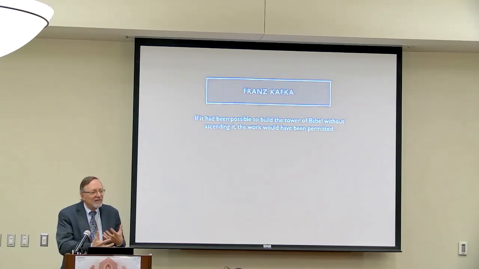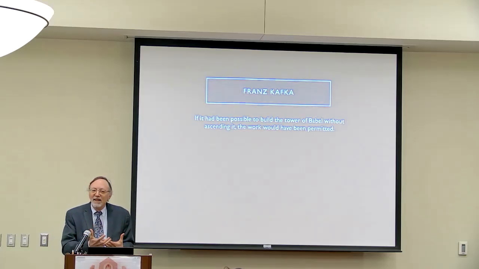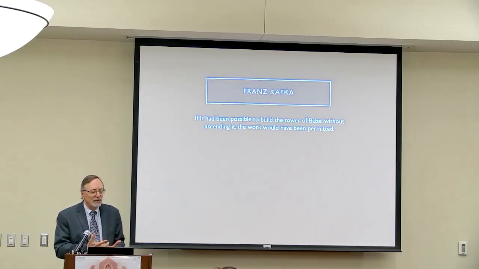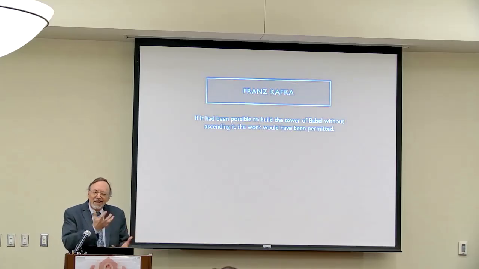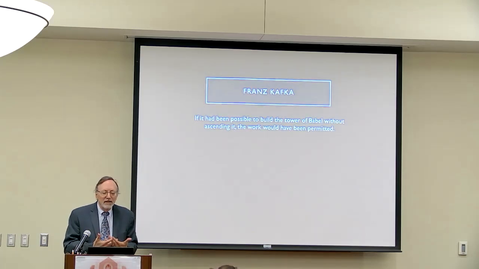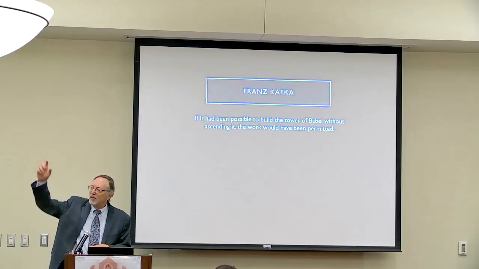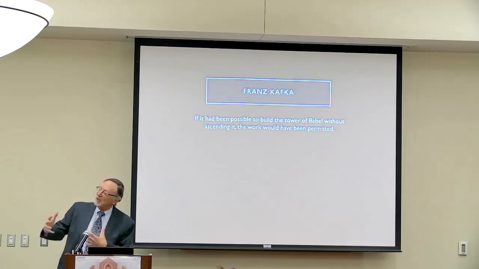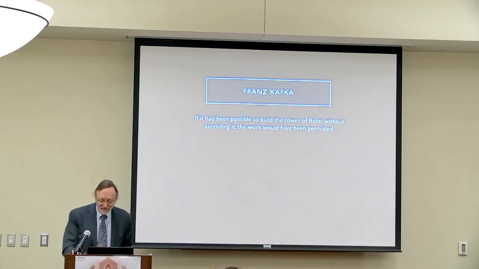So this is a kind of Kafkaesque theme that I think the Tower of Babel story is actually participating in, or at least we can see it there, and it's really there. It's talking about human hubris, not the construction as such. Which would be interesting: you could build a building but not go in it. That would be a weird way of living in the world.